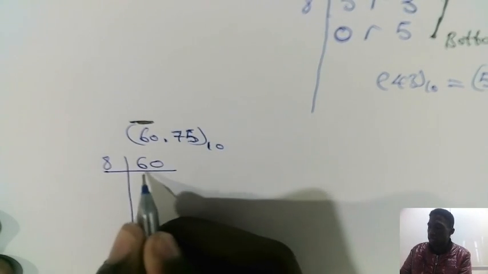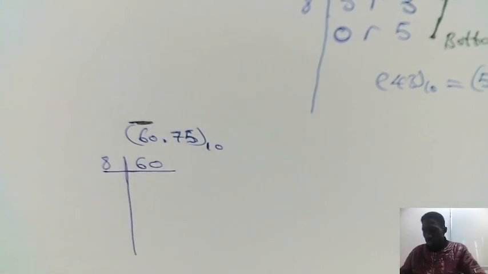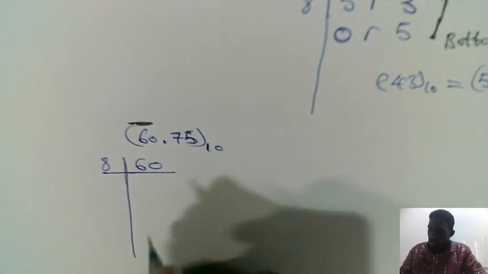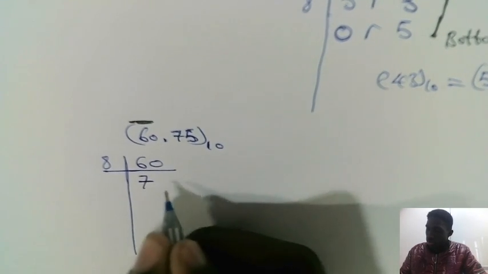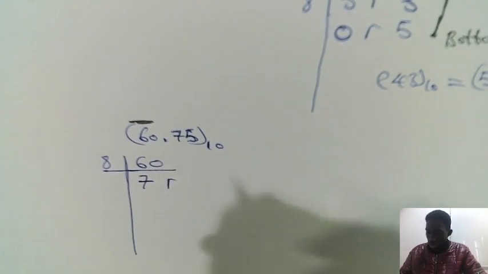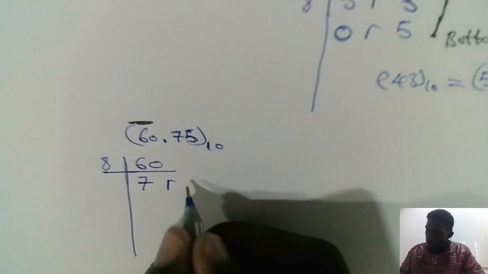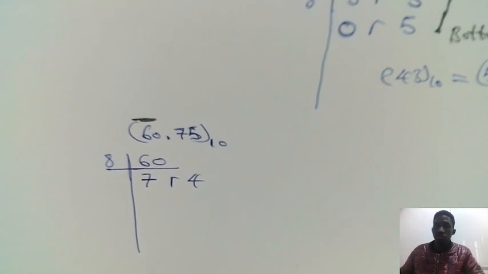60 divided by 8, that would be 7 times, remainder 4.